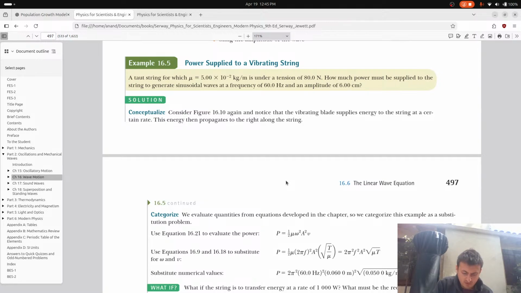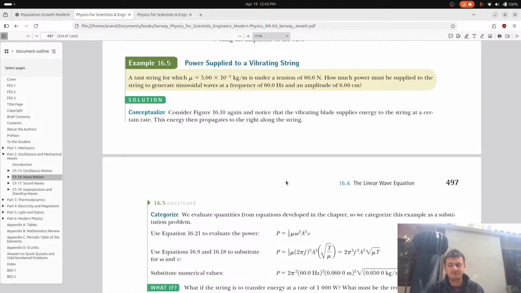All right. So 16.5. We have mu is 5e minus 2 kilograms per meter, under tension with tension equals 80 newtons. How much power must be supplied to the string? Okay, so how much power?